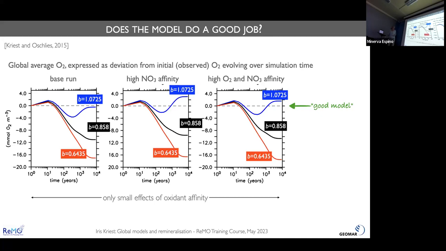What we see is overall playing around with the oxidant affinities doesn't seem to have a very large effect. These 3 different panels, they look pretty similar, right? But the B seems to have a considerable effect on the oxygen inventory.